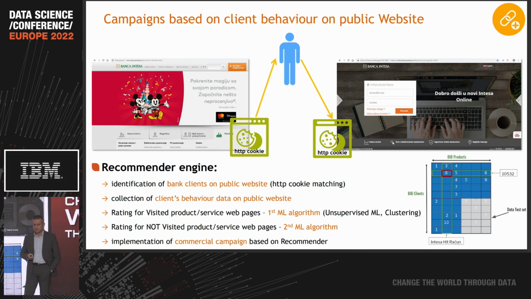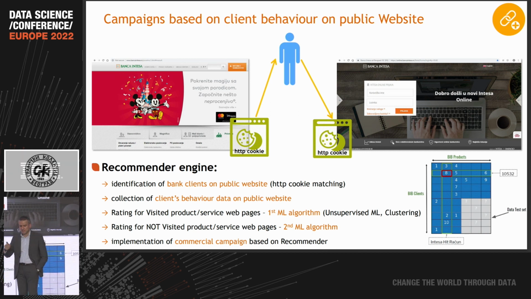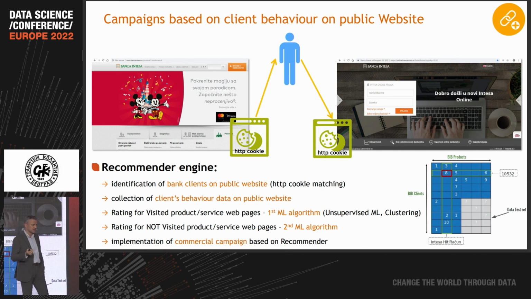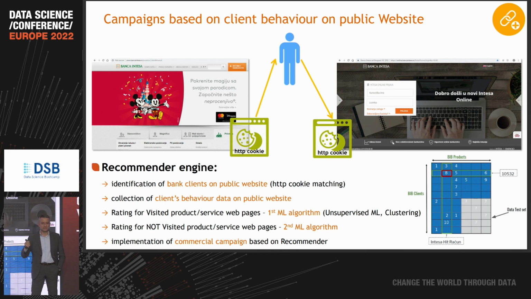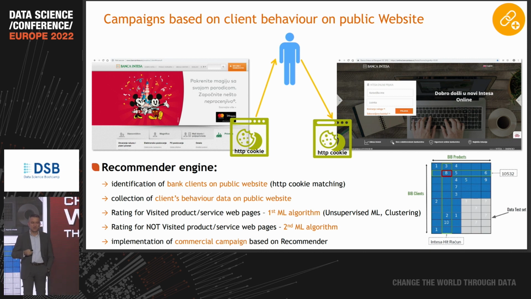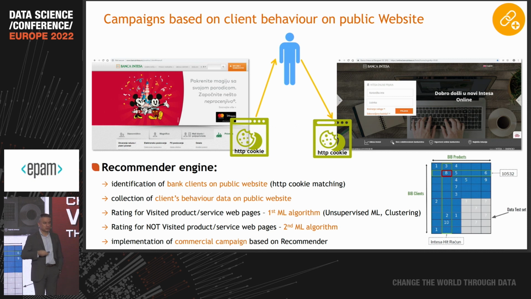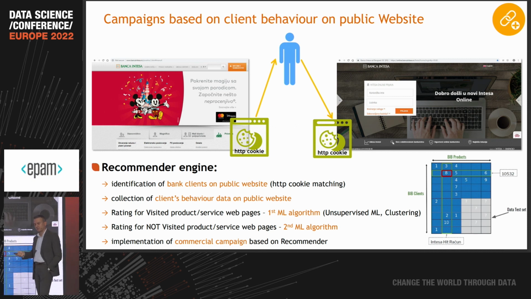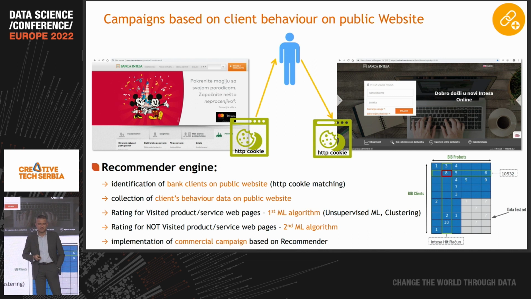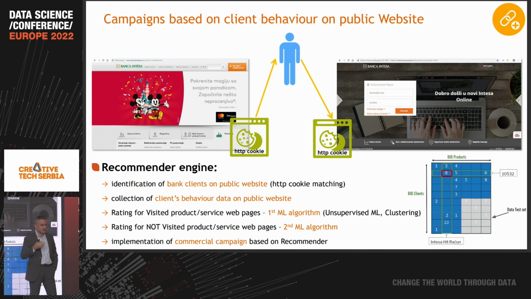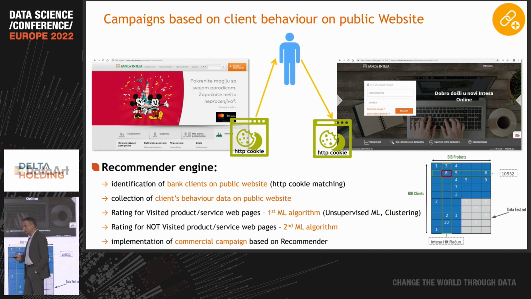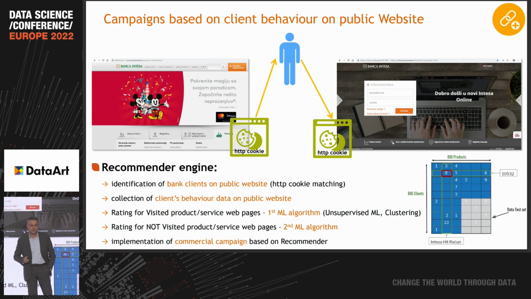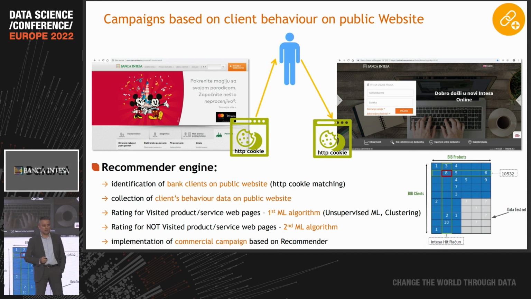You probably know this kind of logic from the Netflix use case. So to develop the ratings of the customers and their inclination towards the products, which pages they visited, and also to develop the ratings for the other products that they haven't visited, to compare and contrast those, and to target customers based on our business goal. So that was also a different approach from what we had in the past.